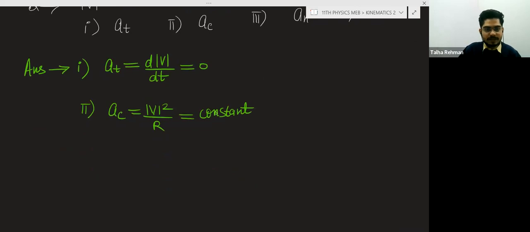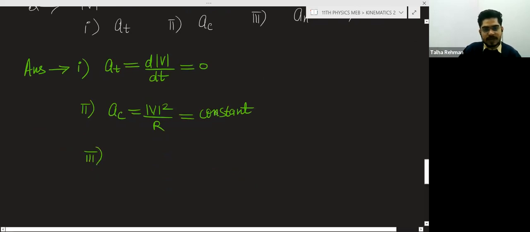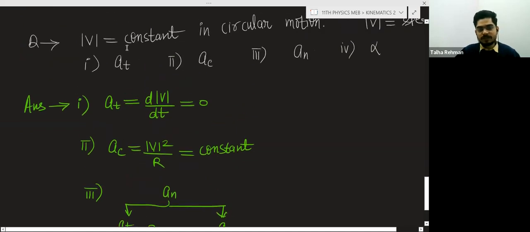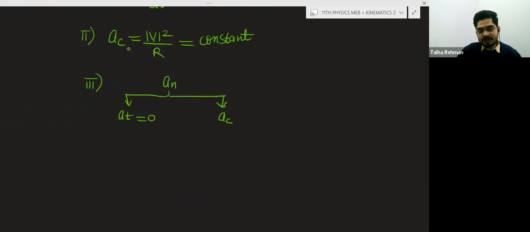Now third is the net acceleration. Net acceleration contains tangential acceleration and centripetal acceleration. Now this tangential acceleration is equal to 0, since the speed is constant. But there is some centripetal acceleration and that is constant.